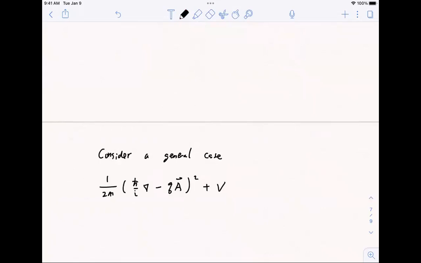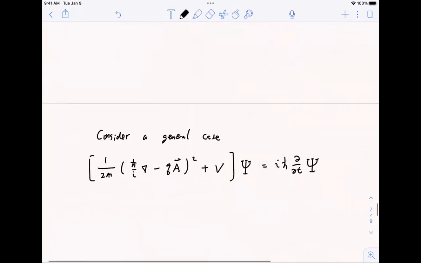The V is a function. So how do we deal with this equation for a general V and a general A?